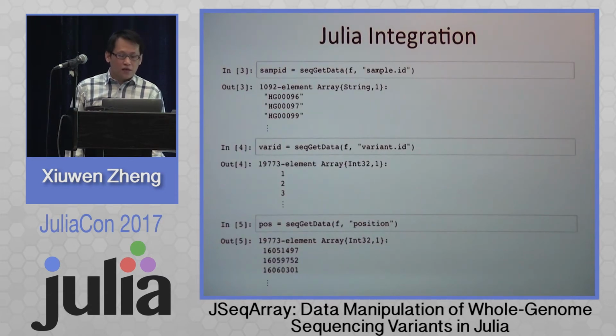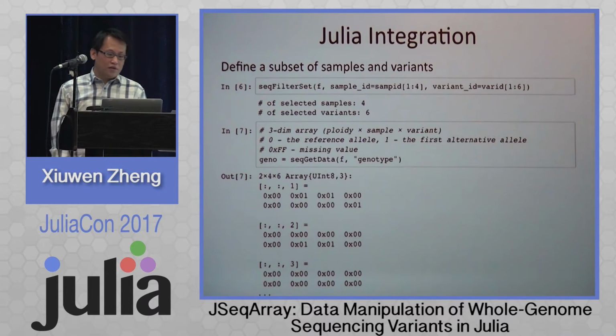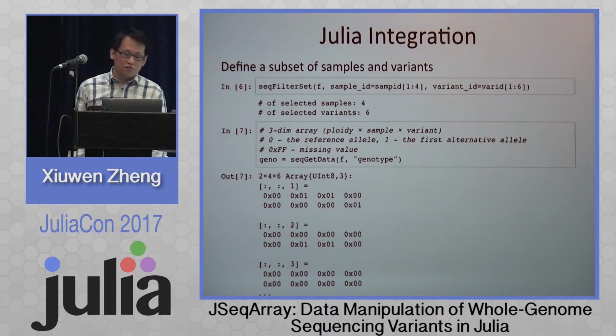We use seqGetData to retrieve data from the file with a given variable name. Here are sample ID, variant ID, and position. The sample and variant ID could be either string or integer. Position is always integer. If the data file is too large, it is not feasible to load all data into memory.